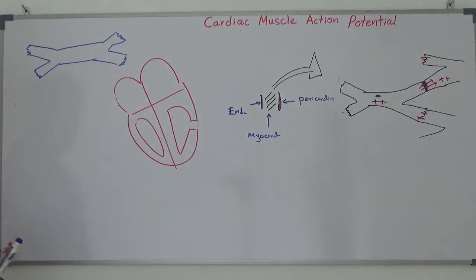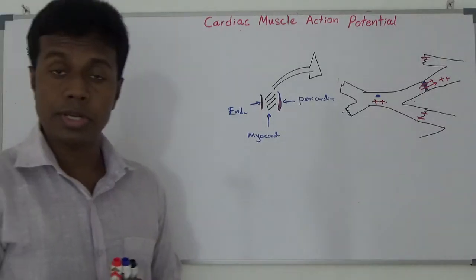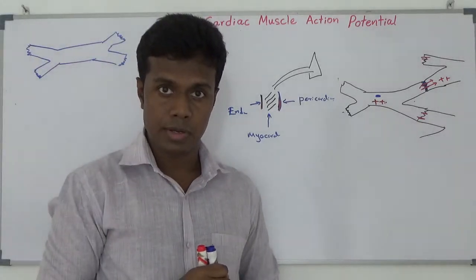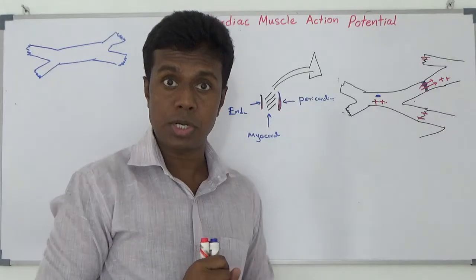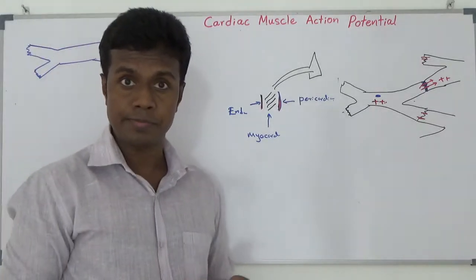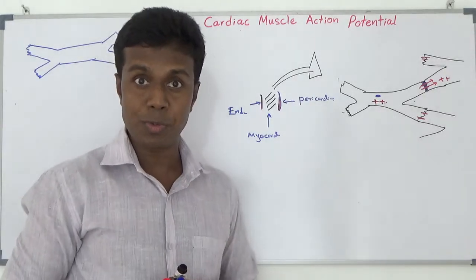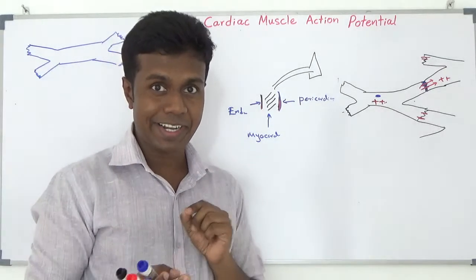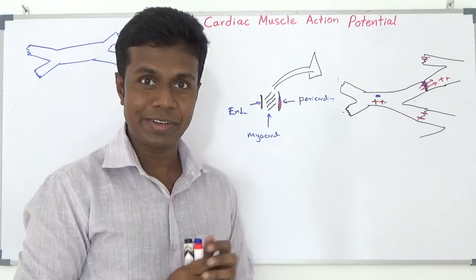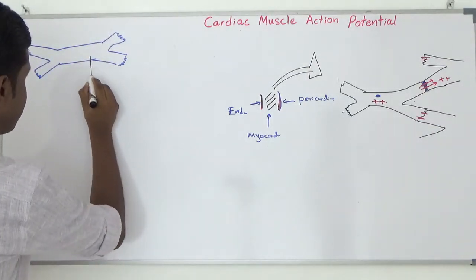Then I am going to measure the electrical potential of the cell. That day the light was also not there, there was a power cut. Because of that I had to make a current to do my studies. I took one cardiac muscle cell out and put one electrode inside the cell.